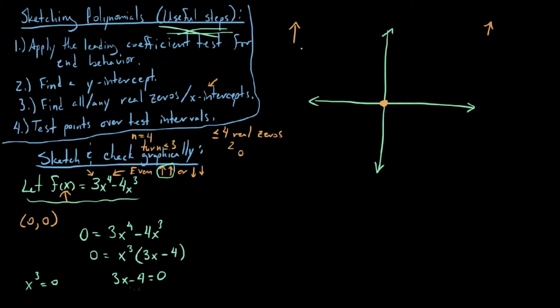What would make this statement true is if we added 4 and divided by 3, we find that x is equal to 4/3. So 4/3 is one of our intercepts. Let's go up here and say 1, 2, 3, 4, 5. I'm not going to draw this to scale, but 4/3 would be essentially right here.